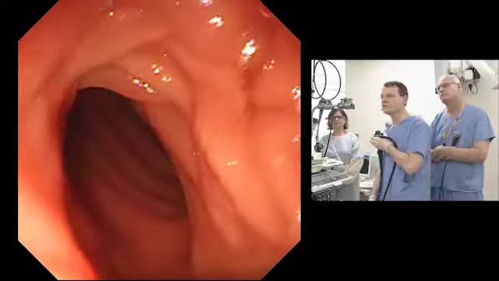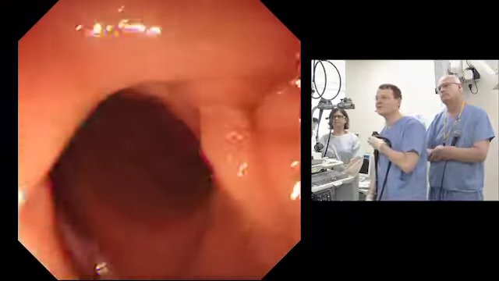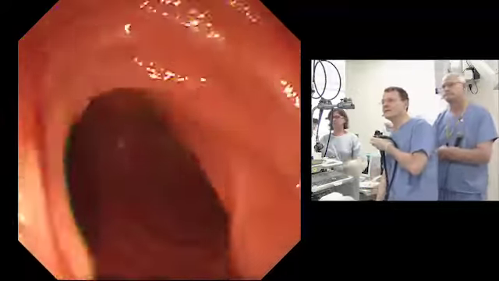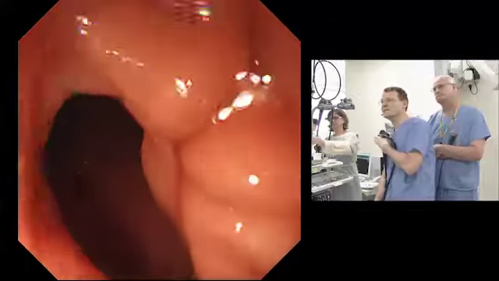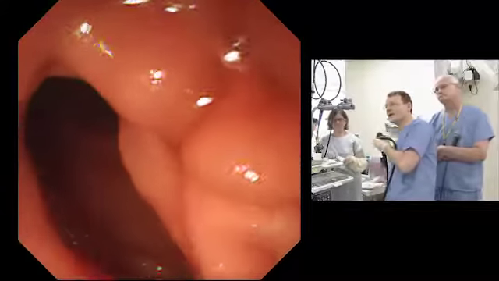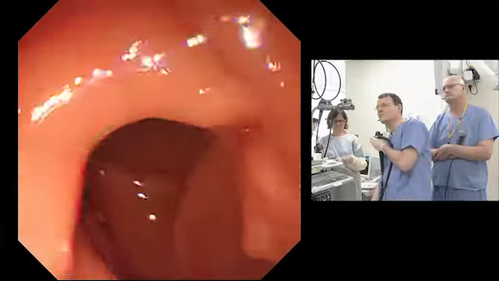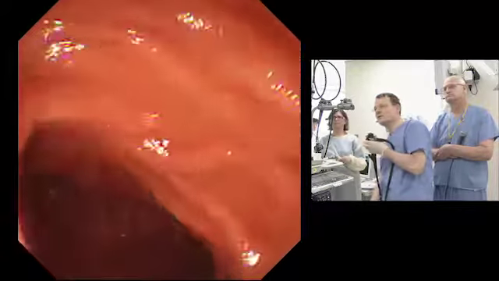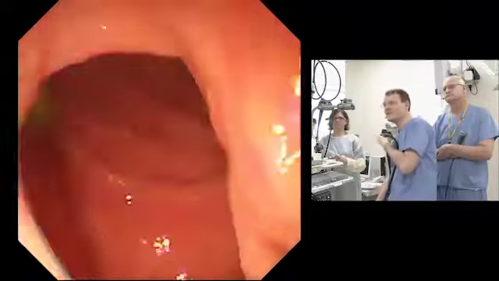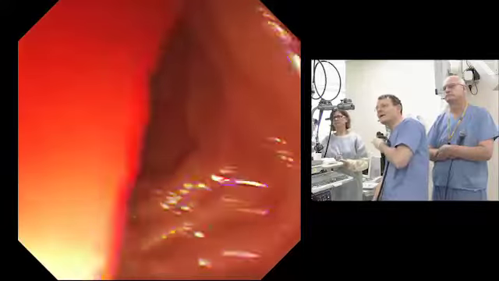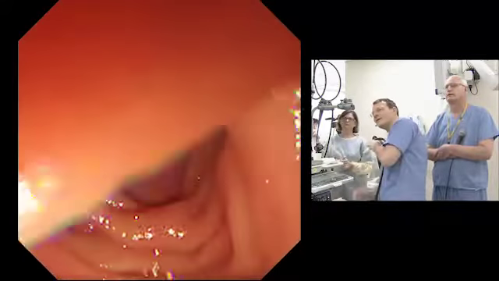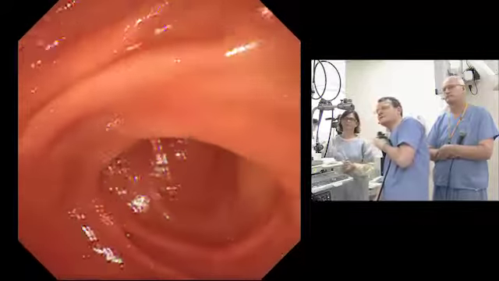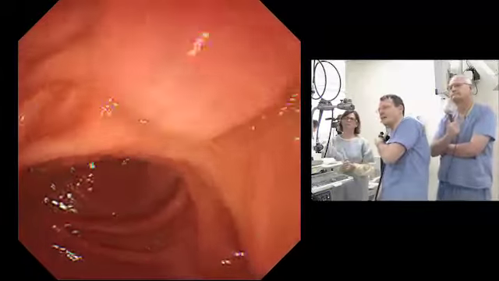So the first thing I'm doing now is trying to check the papilla. Sometimes we can see the papilla with the duodenoscope, but we can also see it with the EUS scope, not always that well. While I was talking, I lost the papilla, because we had it all the time while we were waiting. But I tried to find the papilla here with the EUS scope, and here is the papilla.